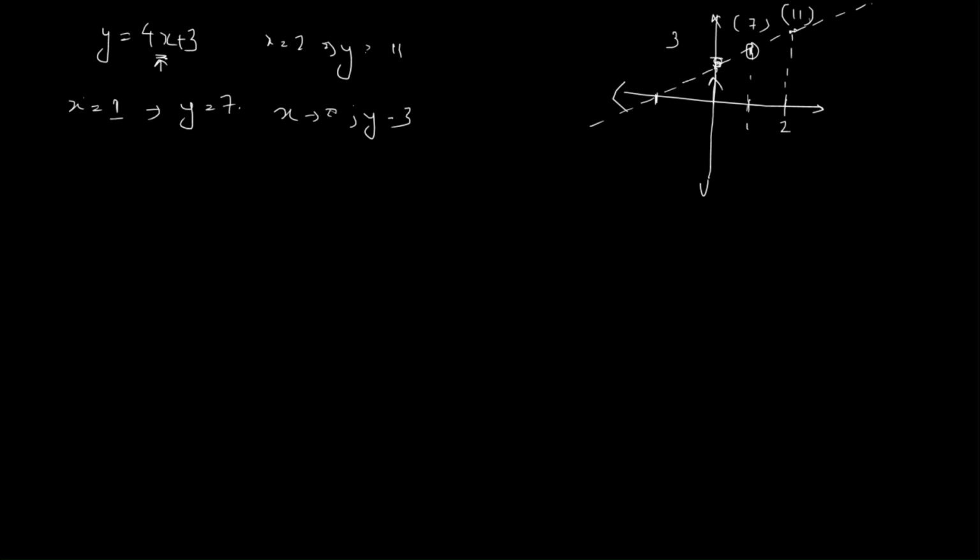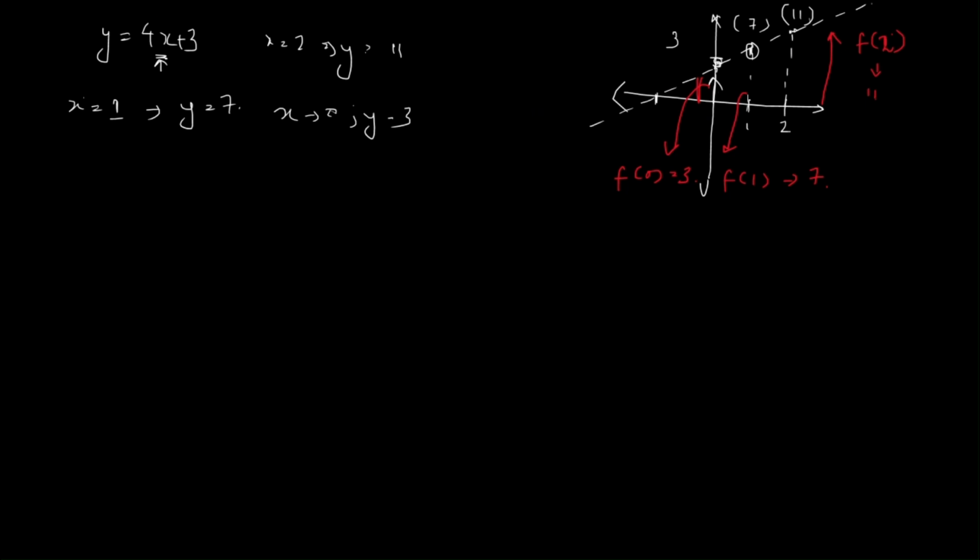These are the f of x's. So this is f of 2, which gives us 11. Similarly, this is f of 1, which gives us 7. And similarly, this length is f of 0, which gives us 3. So we can see how easy it is to represent by a graphical representation.